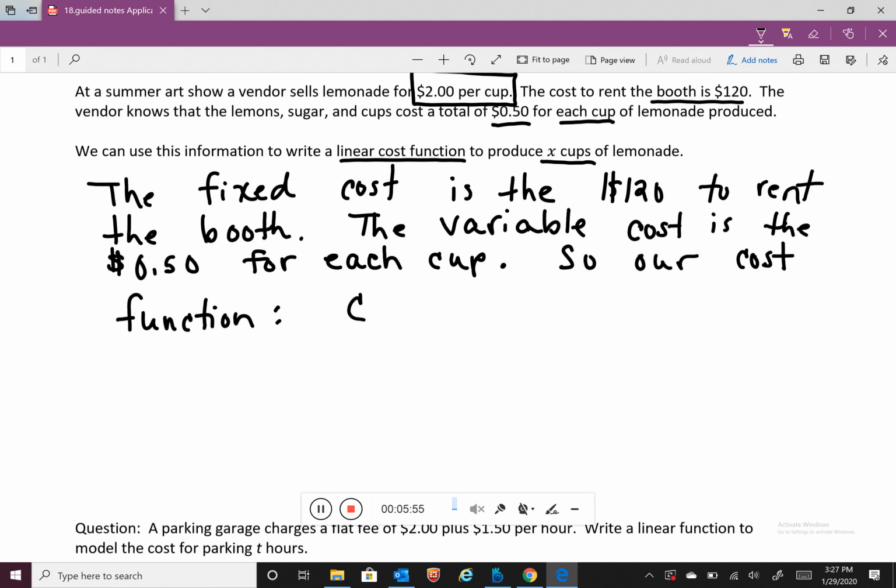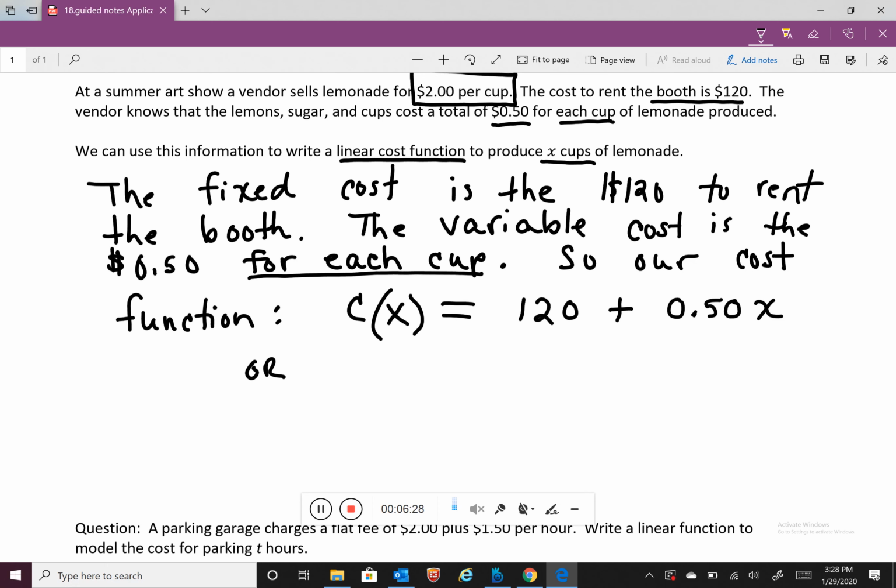The name of our cost function is C of X, which is equal to our fixed cost plus our variable cost. And our variable cost is 50 cents. Notice the decimal indicates a partial dollar, so 50 cents of a dollar. But that is for each cup, and each cup is represented by X.